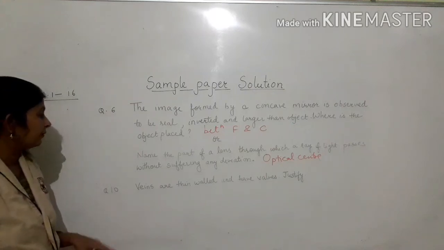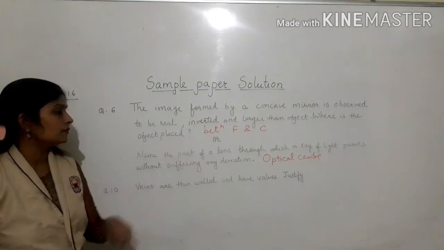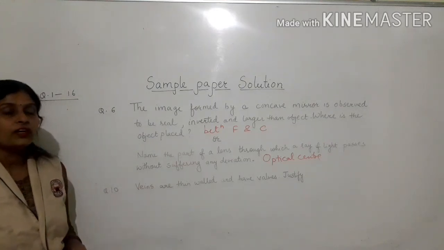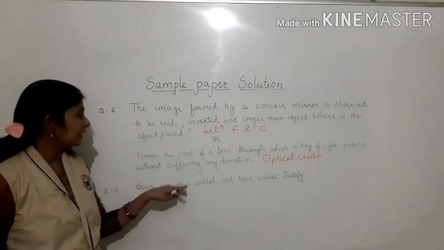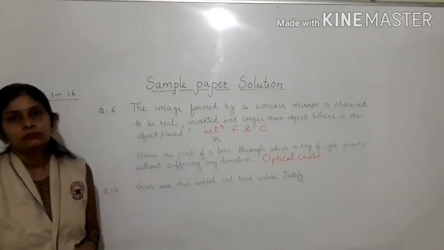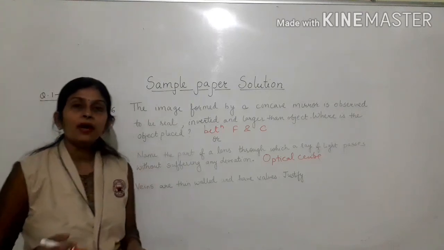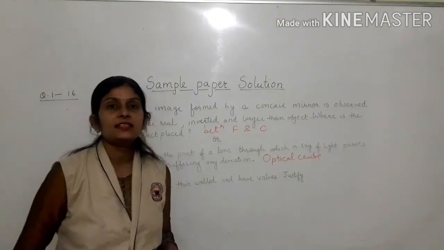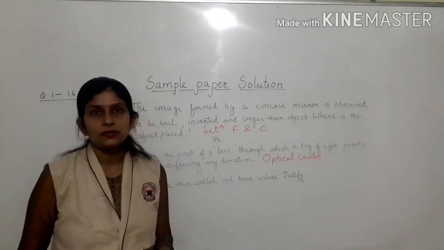Now question number 10. Veins are thin-walled and have valves. Justify. So we have to justify that why are veins thin-walled and having valves. See, because blood flows in veins under very low pressure or no pressure.